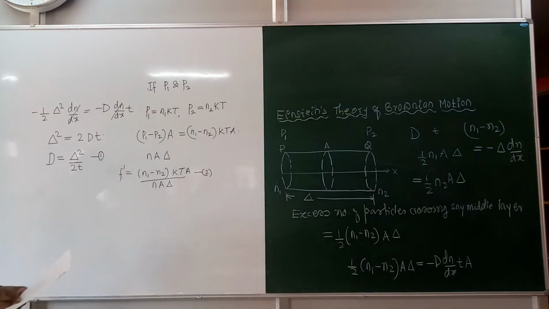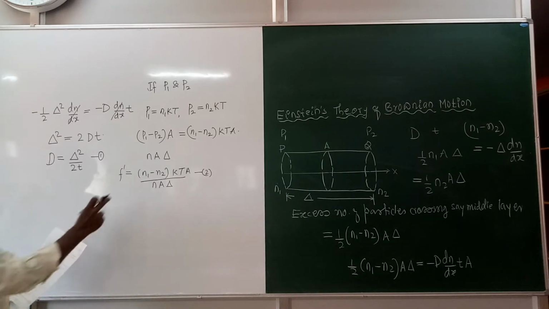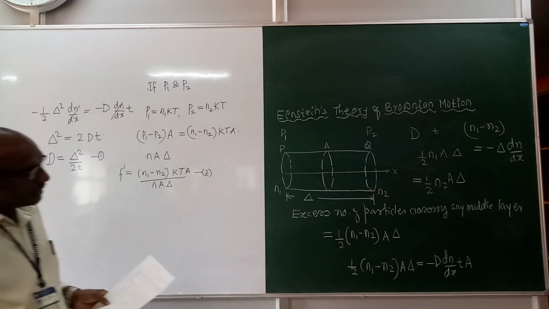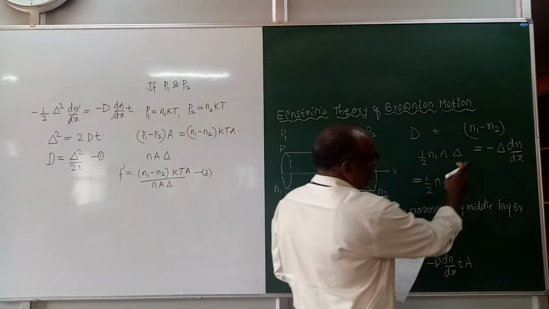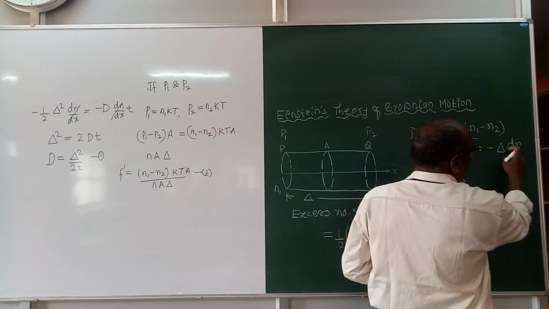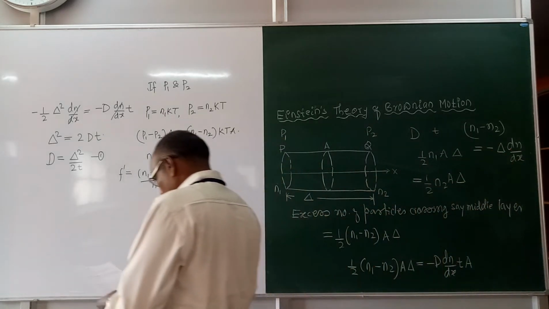Once I get this, substitute in this equation for N1 minus N2, which is given here: N1 minus N2 is equal to minus delta dN by dx.